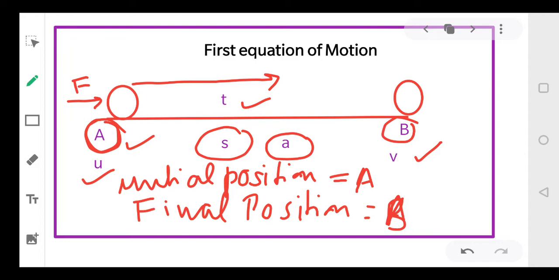Okay dear students, there is an acceleration produced in the object. Clear? A is the starting position, B is the final position, right everyone? S is the distance covered, A is acceleration, U is initial velocity, V is final velocity, and T is the time taken by the object to cover the distance.